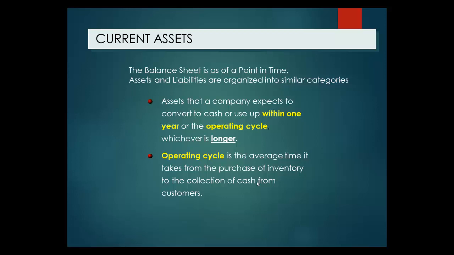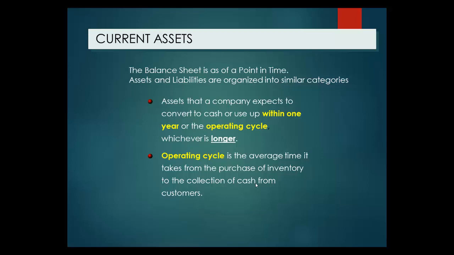A current asset is an asset that a company expects to convert to cash or use up, like supplies, within 1 year or one operating cycle, whichever is longer. Now, for most companies the 1 year guideline is plenty, but there are a few rare industries where the operating cycle can be longer.